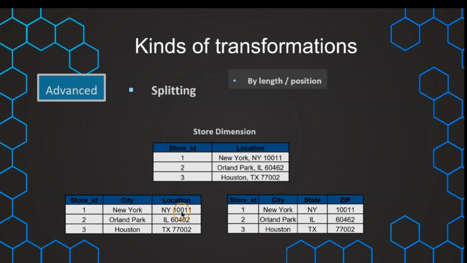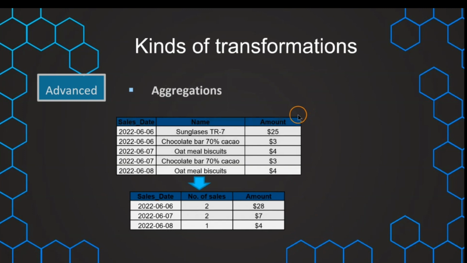So for example, in here we could say split after 2 characters. Then the first 2 letters would land in the first column and the rest would land in the other column, the zip code. So these are things that we can do, either splitting by length or position or by a specific delimiter.